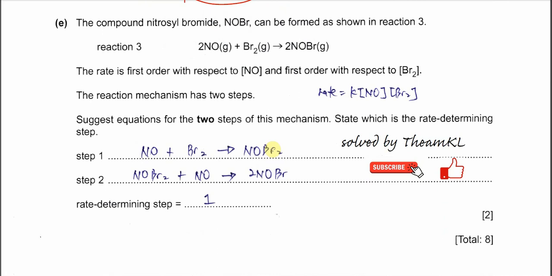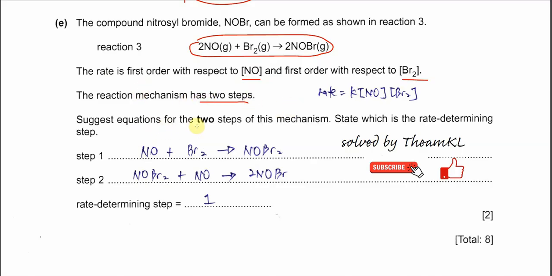Okay, last one, E. The compound nitrosyl bromide, NOBr, can be formed as shown in reaction 3. This is the overall reaction equation given. The rate is first order with respect to NO and first order with respect to bromine, and the reaction mechanism has 2 steps.